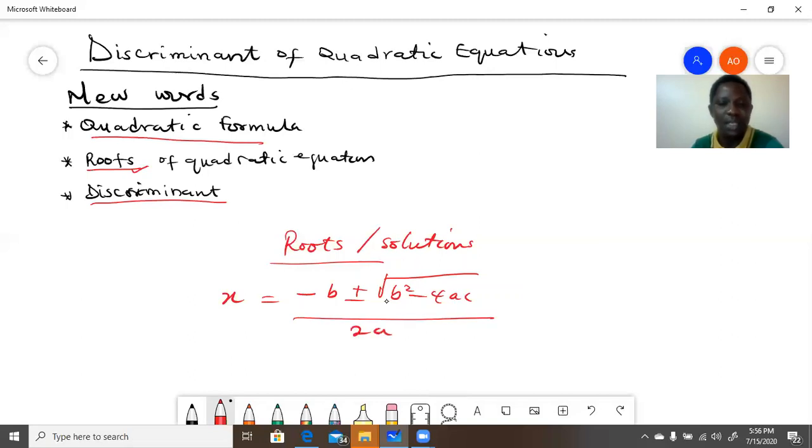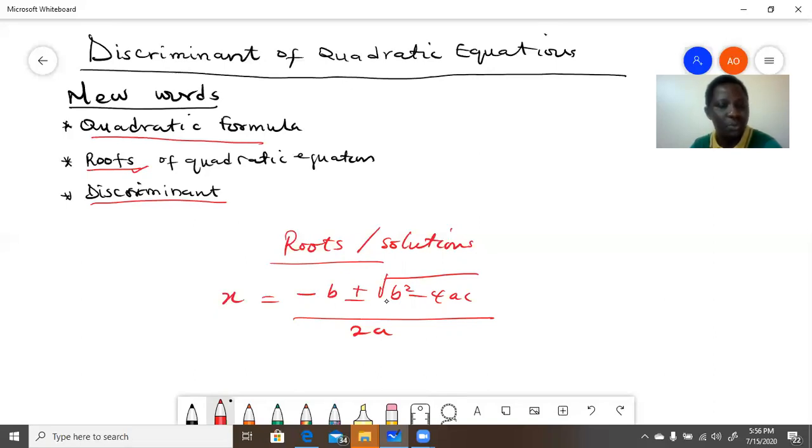As you can see here, the maximum number of roots you can have in a quadratic equation is 2. That is why you have plus or minus. So the maximum you can have is 2, plus and minus. The maximum number of solutions you can have when you solve a quadratic equation is 2.